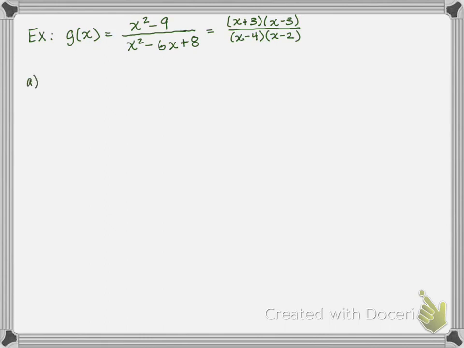So let's start by finding the vertical asymptotes. And along with that, I'm going to find the domain of the function, because those are related, right?